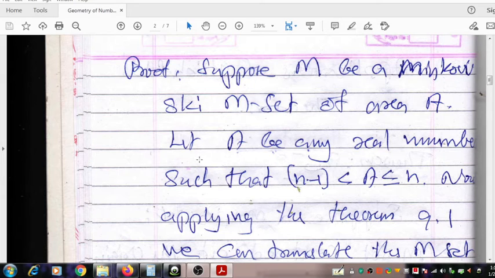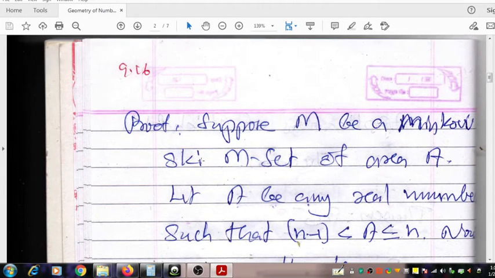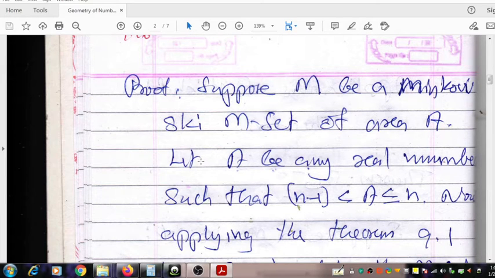We begin with the given M set as stated in the theorem. Its area is 4 times A, but related to that we have to take another M set. Its area is equal to A.